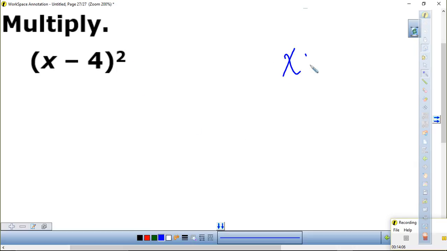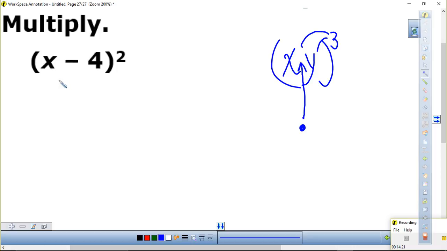X, y to the third power. What property is that? Power of powers, right? And we distribute. Is that correct? But we can do that because what operation is here in between the two variables? Multiplication. What is here between these two? So we can't do that here. We cannot distribute the exponent.